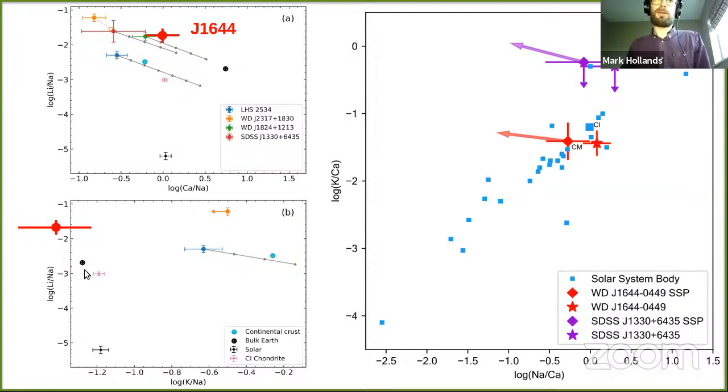It has a potassium to sodium ratio that is much more similar to, say, the Earth or chondrites, or even the solar ratio, whereas LHS 2534 can't be explained by objects of this composition. It really needs something like crust. And again, if I put LHS 2534 on their diagram, it doesn't sit anywhere near their star, nor does it look like any of the solar system bodies that they compared against.